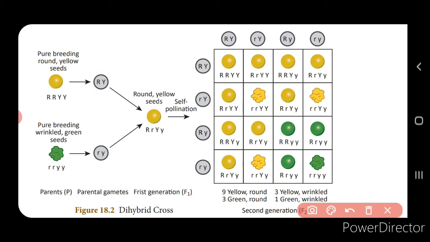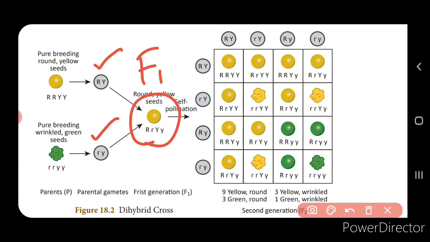So he first crossed the pure breeding pea plant having round yellow seeds with the pure breeding pea plant having wrinkled green seeds, and he found that only round yellow seeds were produced in the first generation. So this is the F1 generation.